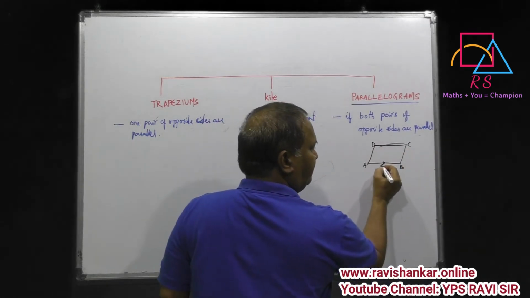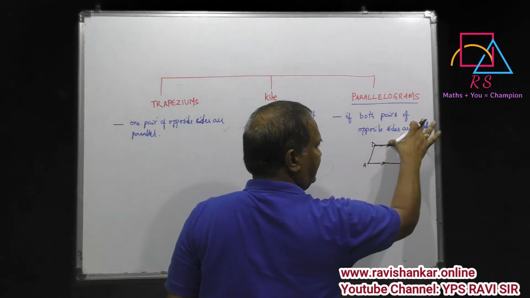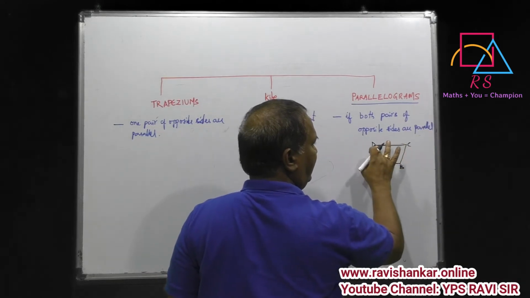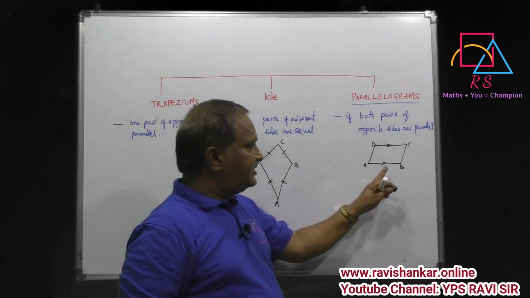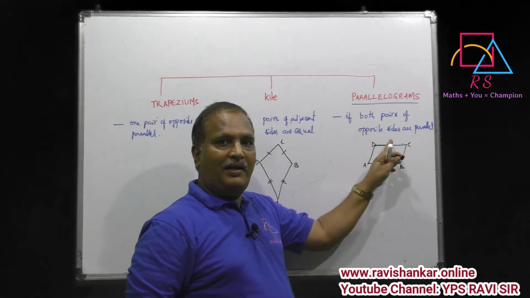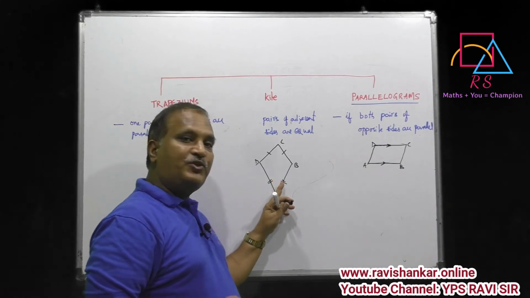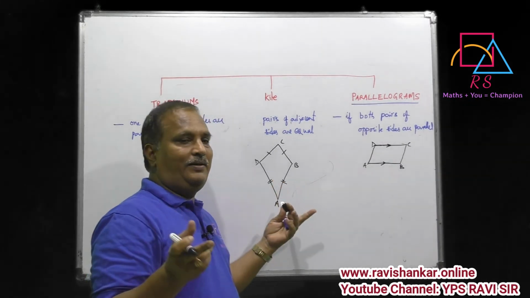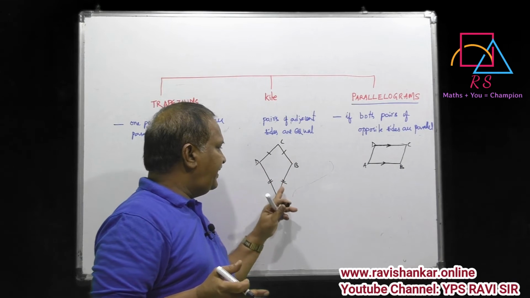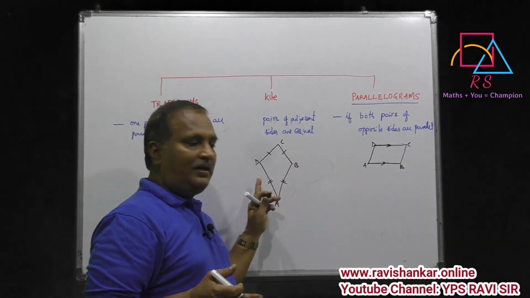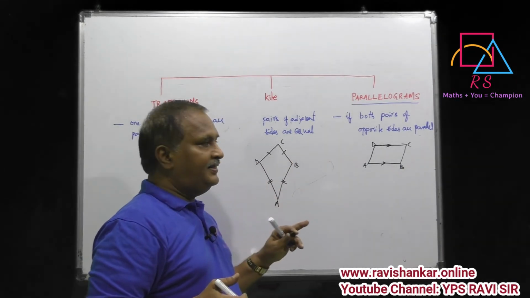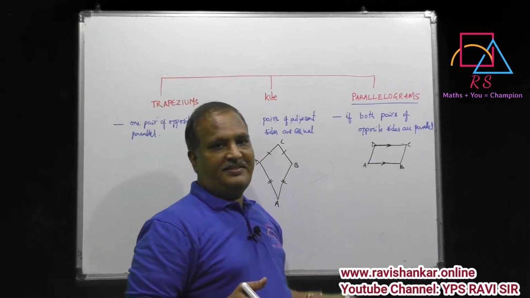Now AB is parallel to CD. This is the symbol used for parallel, arrow marks. These are the symbols used to show equal. AD and AB are equal. Equal you have to show like this, parallel like this.